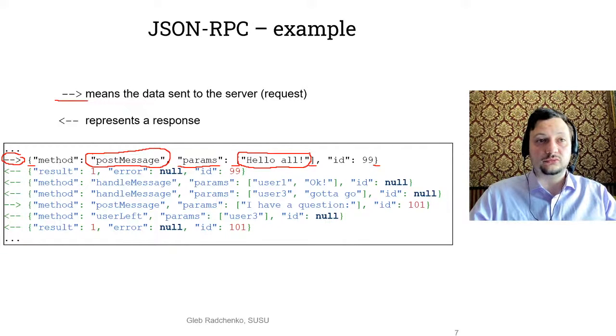So now we understand that our client wants to execute the method postMessage on the server, with one parameter, a string.